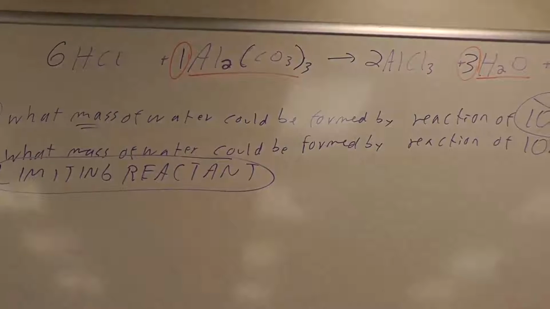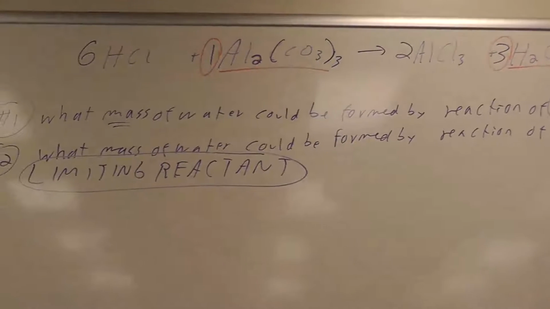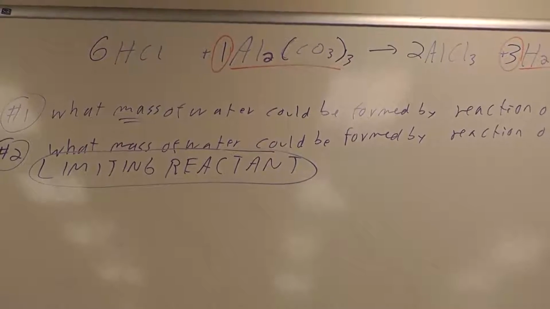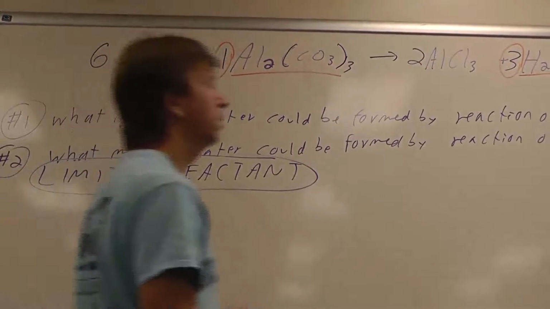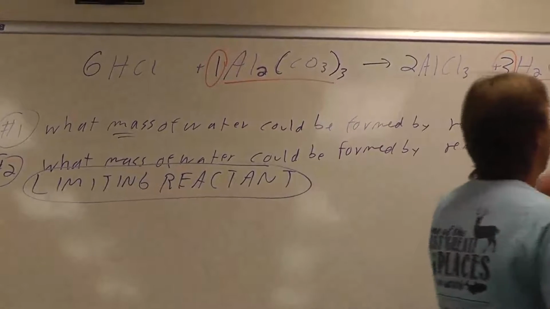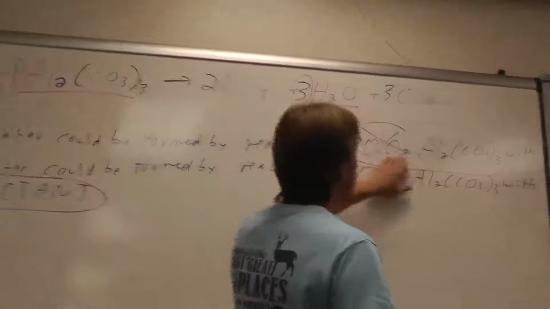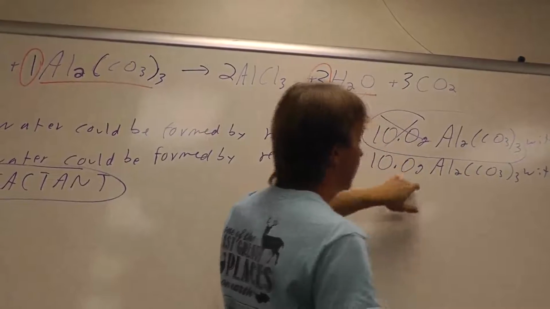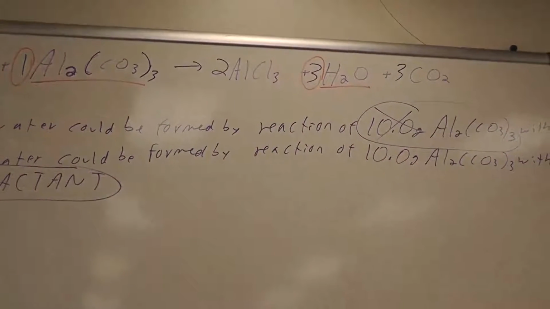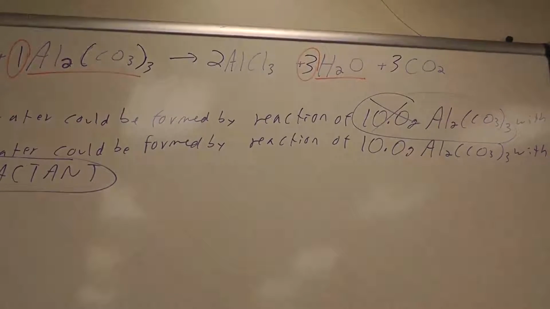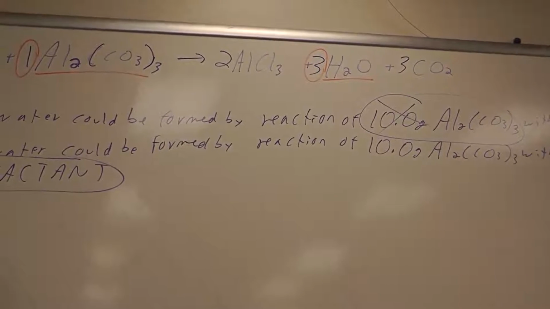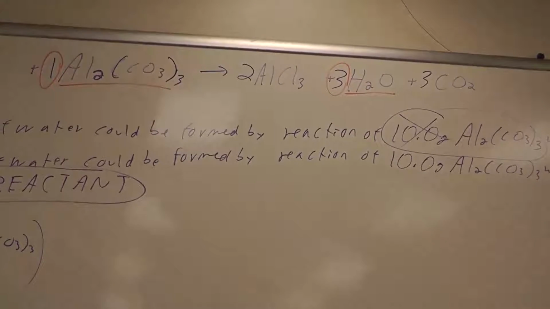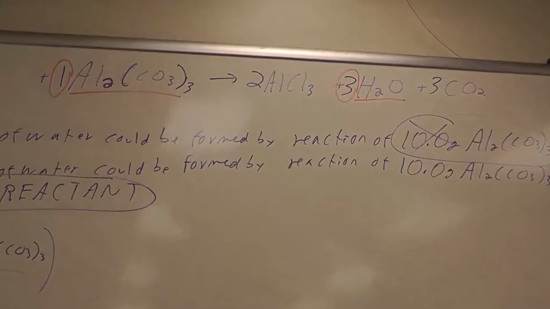And it's really not a different kind of calculation than what we did before. When we knew that all the aluminum carbonate would get reacted, then we worked it out and predicted the amount of water. This time, when we don't know for sure which one's going to get reacted, we just do them both, calculate them both.